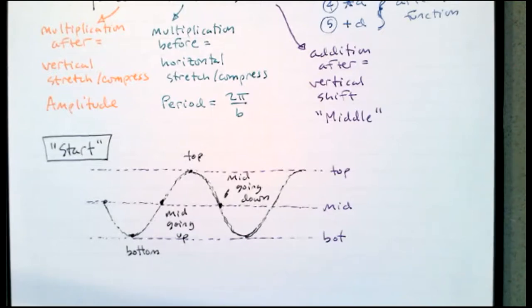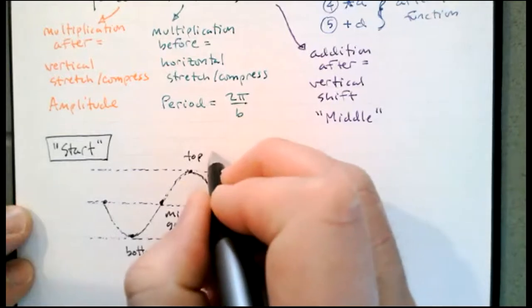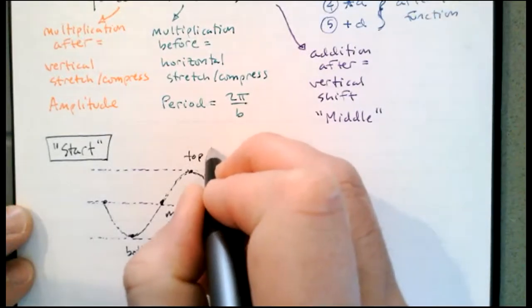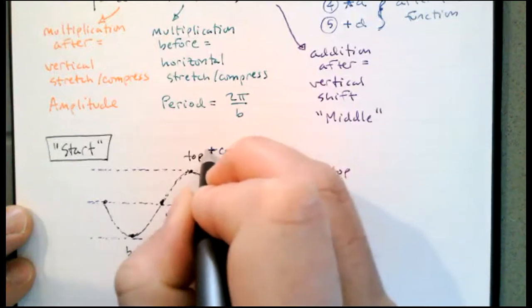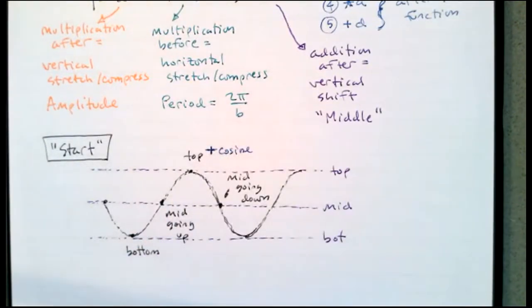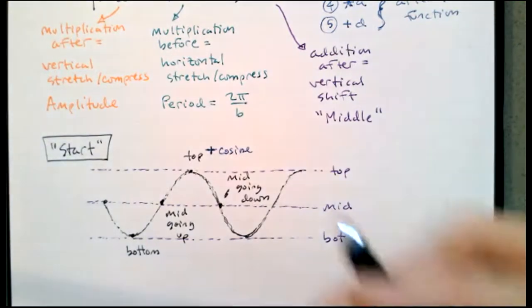So each of these is assigned to a trig function, sine or cosine. And each of them will have a positive or negative value of a. So here's how I assign them. I think of the top as positive cosine. So if a is positive and it's a cosine, we'll start at the top. Positive cosine starts at the top.